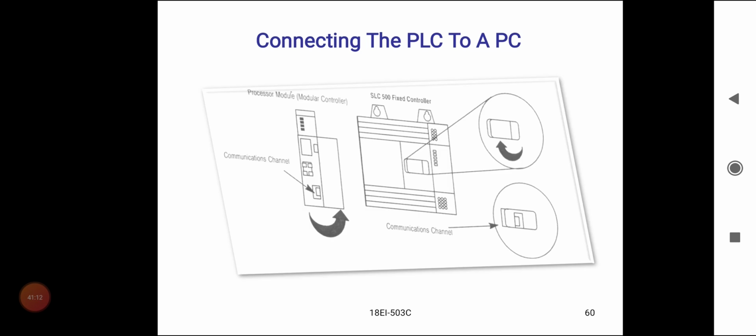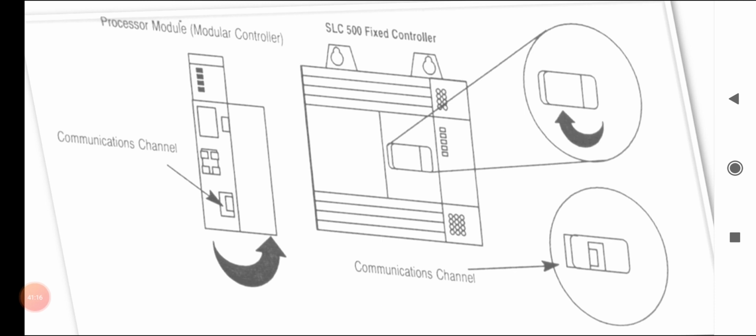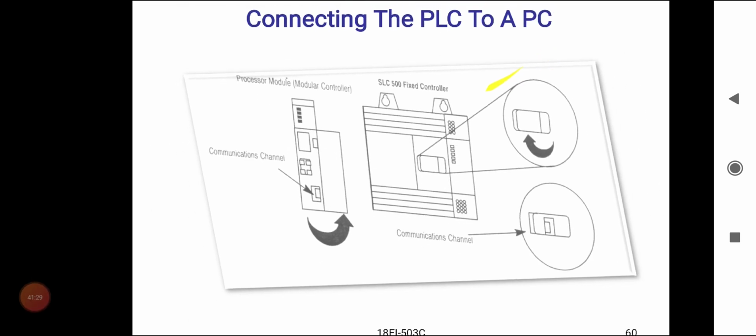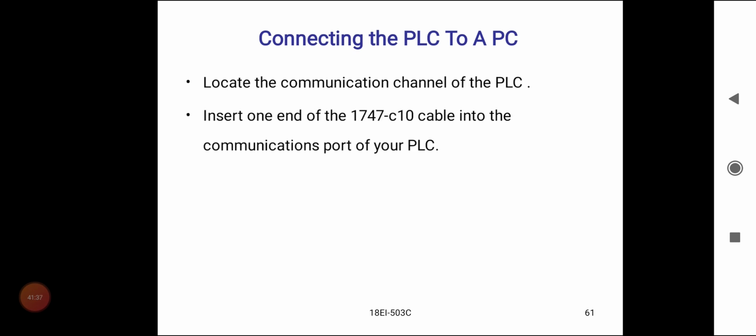Connecting the PLC to a PC: it consists of a processor module, communication channel, and SLC 500 fixed controller PLC. Locate the communication channel of the PLC.